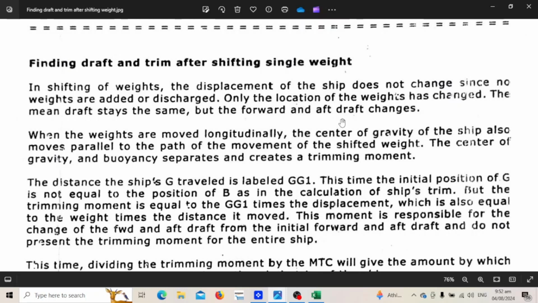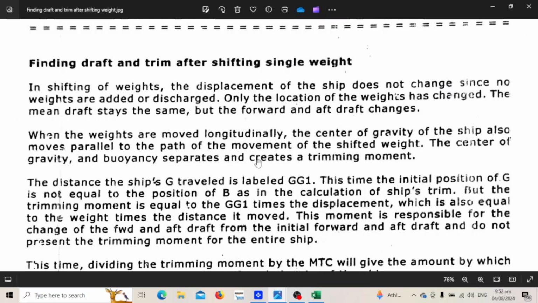It means that when you shift the cargoes from, let's say, hold number 1 to number 5, there will always be a change of trim, but not the mean draft, because the weight is still there. It's the same weight.